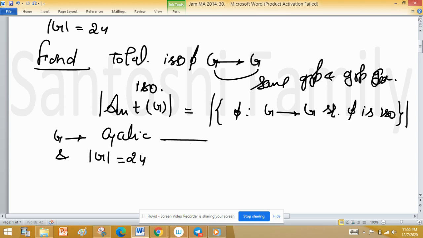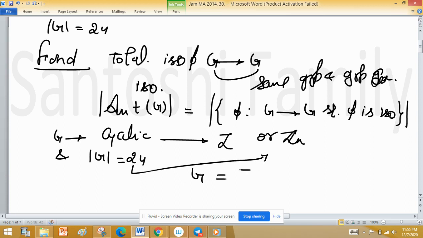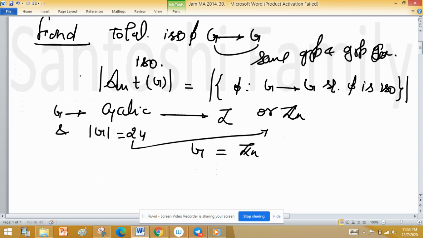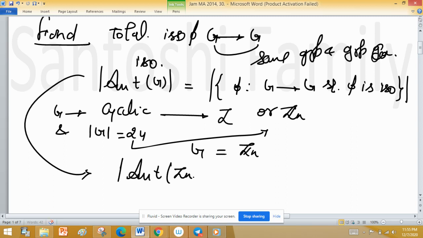Because G is cyclic, G is isomorphic to Z_n, integers modulo n. Because of the orders, G is equivalent to Z_n. It means we have to find the cardinality of the automorphisms of Z_n.